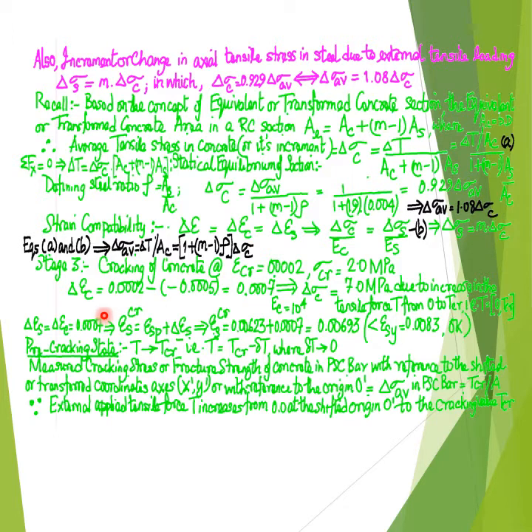Well, the stage 3 of the uniaxial stress strain behavior of concrete in the pre-stressed concrete bar is defined as the state of cracking of concrete, that is, the state of stress and strain at which the concrete cracks.